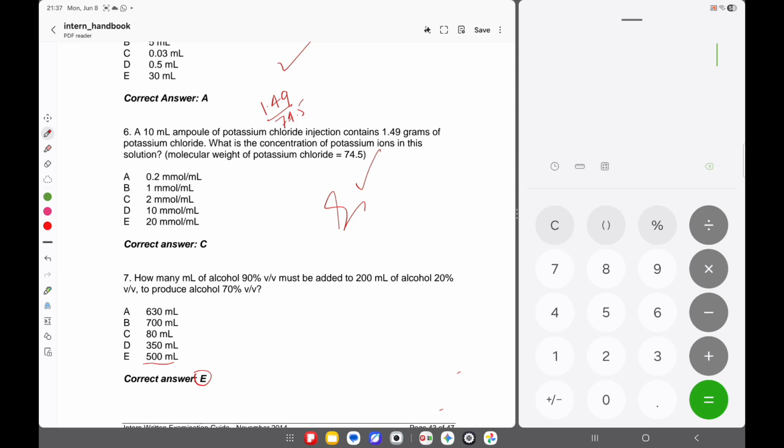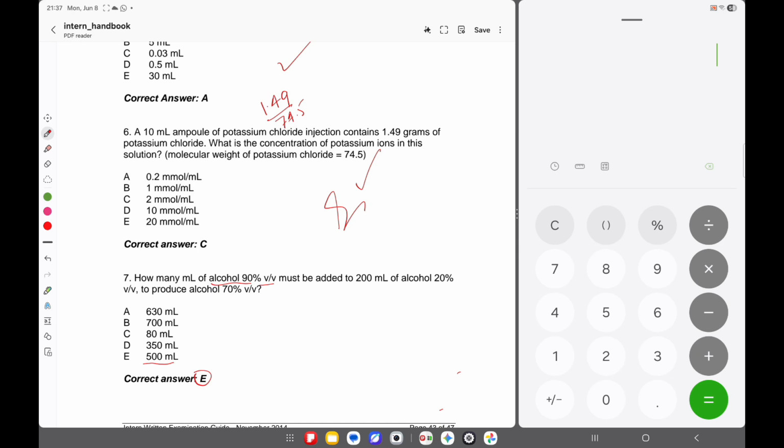So we will use the alligation method. Before telling you about the method, we have to understand what the question is. The question says: how many ml of alcohol, 90% (the unit is percentage volume by volume), must be added to 200 ml of alcohol.